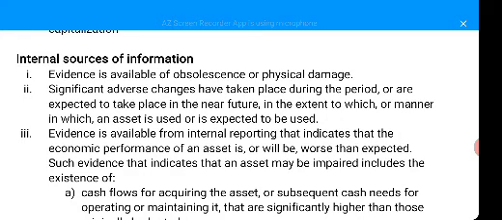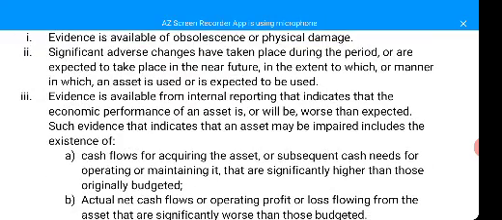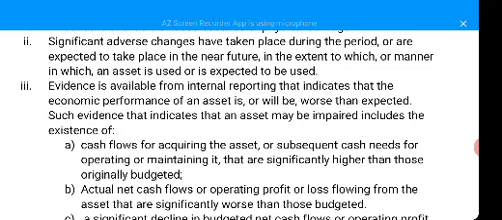Three, evidence is available from internal reports that indicates that the economic performance of an asset is or will be worse than expected. For example, if the asset produces 500 units of a particular product and you are told that it will now produce 400 units, that means the asset has been impaired.